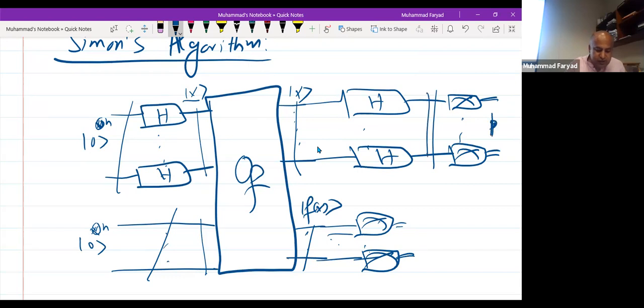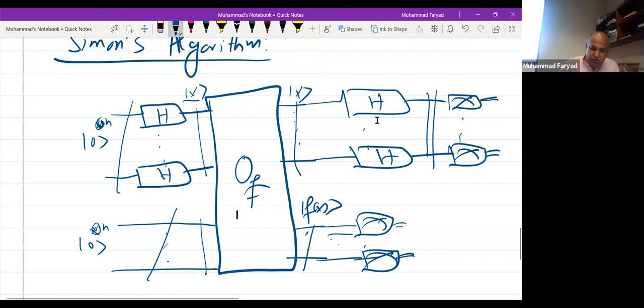Actually, not the secret bit string itself, but there will be some output, and we'll see how we can use that output to find the secret bit string P. So this is a function, and there is this oracle in it.